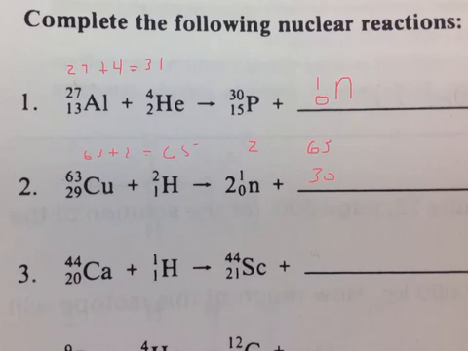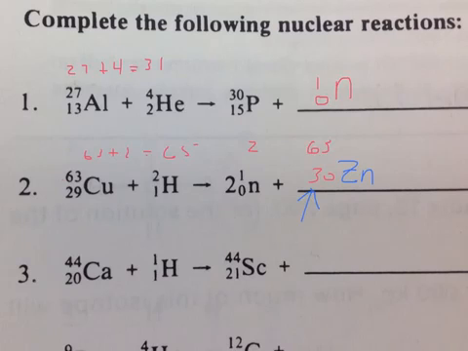Now what we need to do is look up 30 on the periodic table, the atomic number 30. When we do so, we see that we have zinc as our element, and therefore to balance this equation we would have zinc-63 with 30 below.